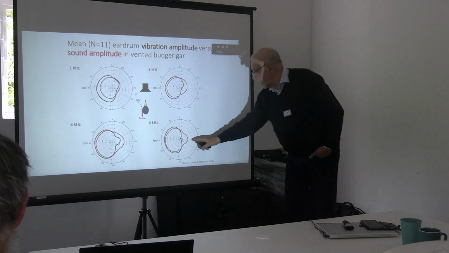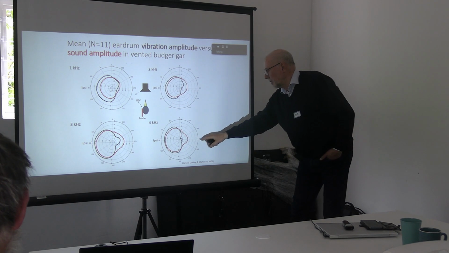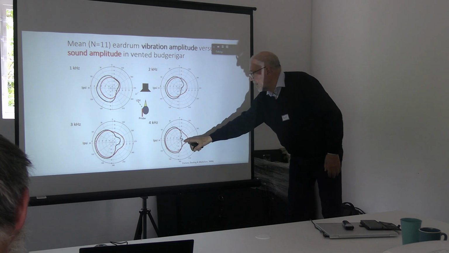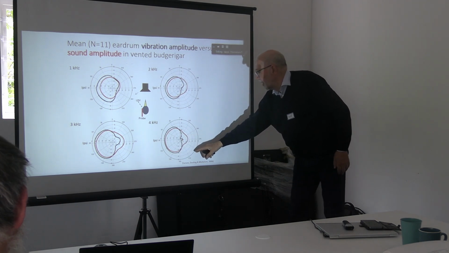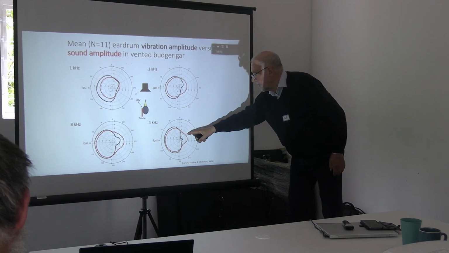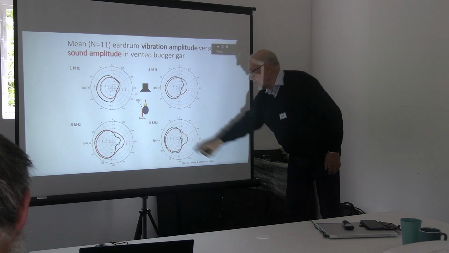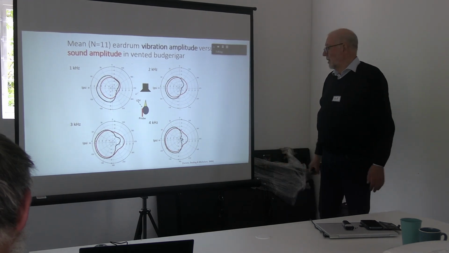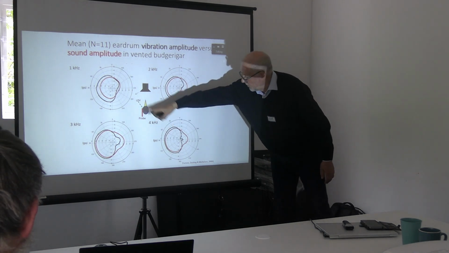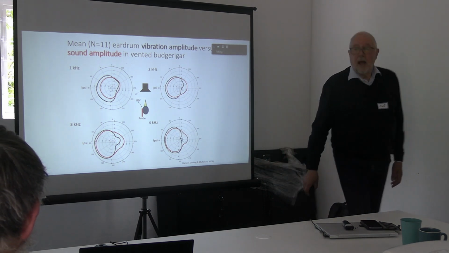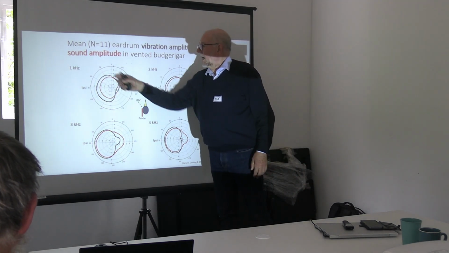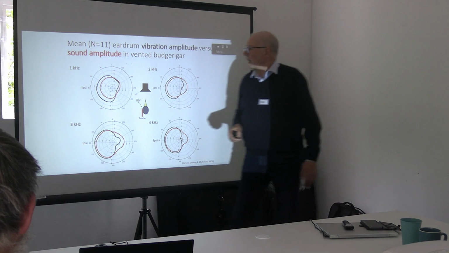So, for instance, here at 270 degrees, that is exactly on the opposite side of the head, the vibration amplitude is in the forward direction. It was at 0 dB, and here it is almost at -60 dB. So the vibration amplitude gets much lower, whereas if the sound is coming from over here, it is much higher. And you can see that here the microphone directionality, we refer to such a diagram as directionality.